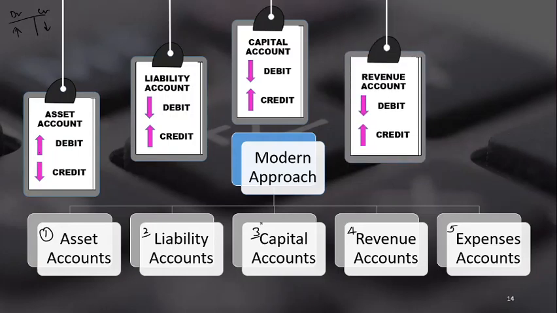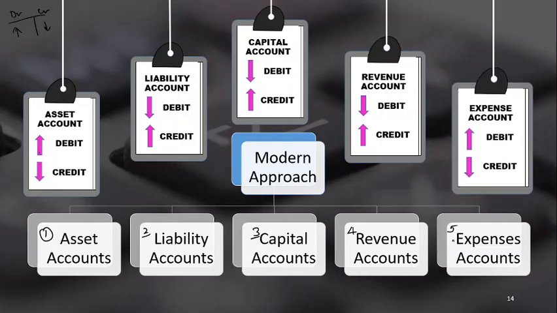Revenue, same rule. Remember, liability, capital, and revenue have the same rule because they are of the same nature. Coming to expenses, we can see expenses and assets have the same rules, where when expenses are increased, when you pay wages, it's debit, and when there is a decrease, then it is credit.